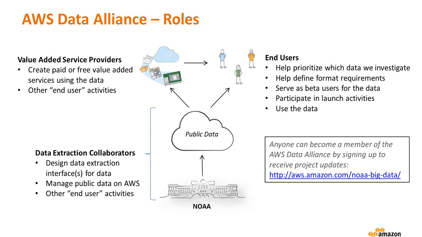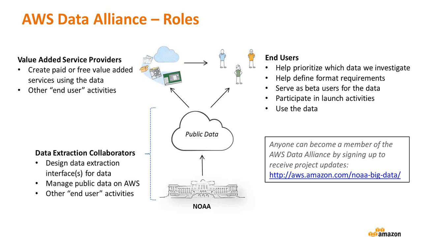So data extraction collaborators will be asked to play a similar role to a data provider in a public data sets program, in addition to helping us to design and work with NOAA on implementing extraction interfaces to push the data out. And then, of course, as well, playing that end user role, helping to actually prioritize the data, define its structure, service beta users, help launch the data, and ultimately use it once it's available.